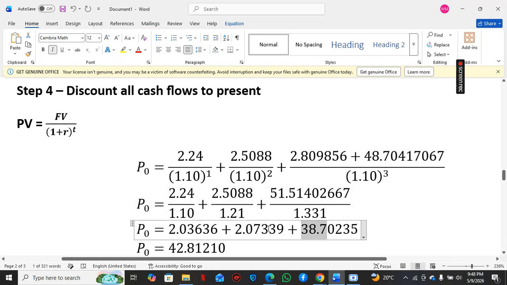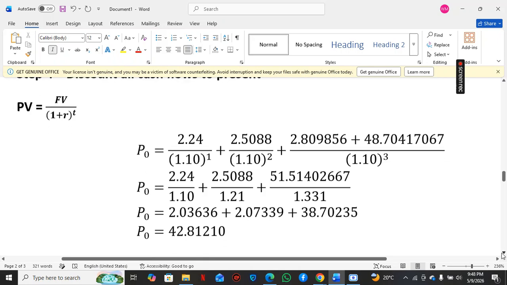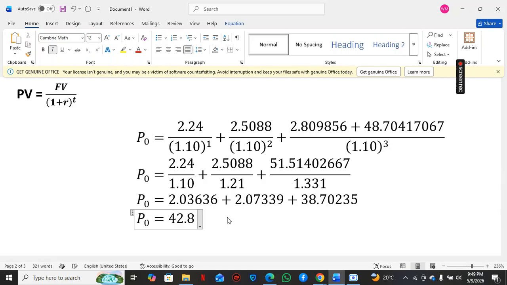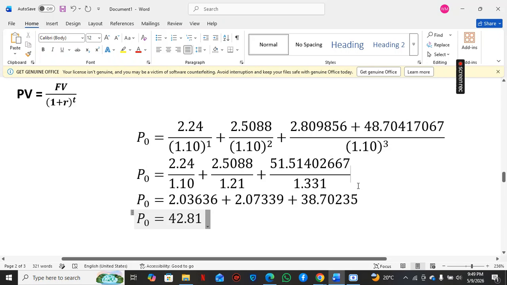You add these together and you get a present value of $42.81. Since money is in 2 decimal places, $42.81. That is the value of the dividend today, using the multiple growth stage model.